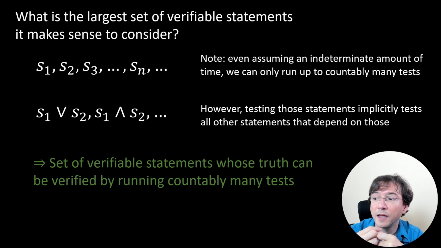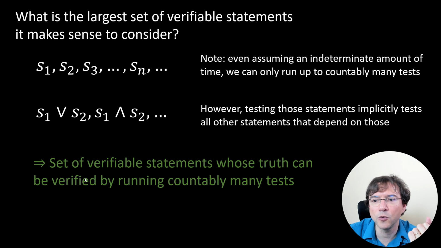But what is interesting is that testing some statements implicitly tests all other statements that can be expressed as a function of the previous ones. So for example, if we test S1 and S2, we're implicitly testing S1 or S2 and S1 and S2, because what we learn about these statements is enough to determine the conjunction and disjunction.